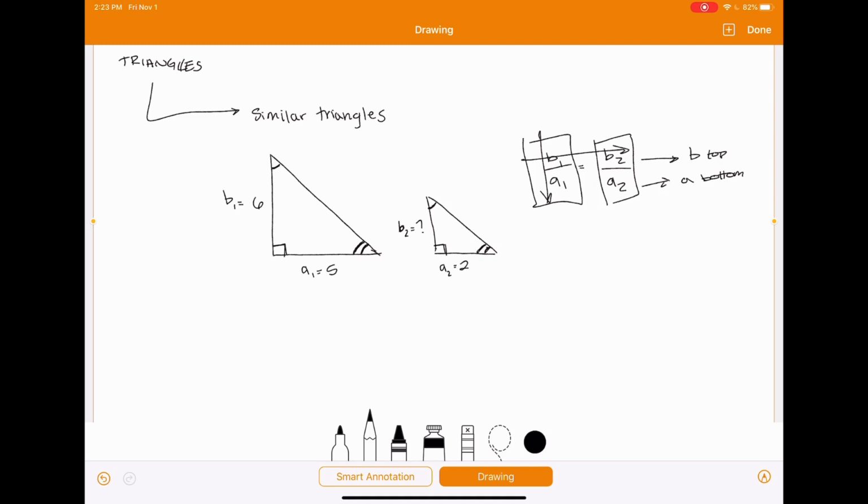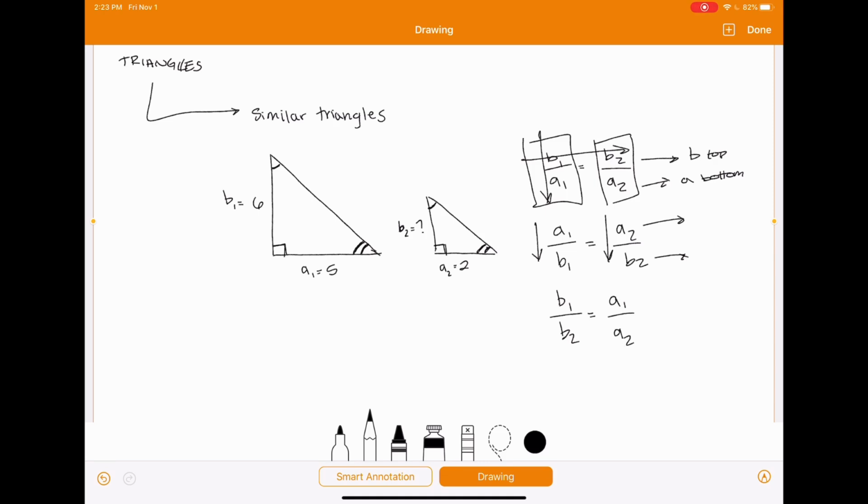So you could also do A1 over B1 equals A2 over B2. All right, so we have got the A's on top, B's on bottom, 1's on this side, 2's on this side. All right, but you could also be consistent with having B1 over B2 equals A1 over A2.